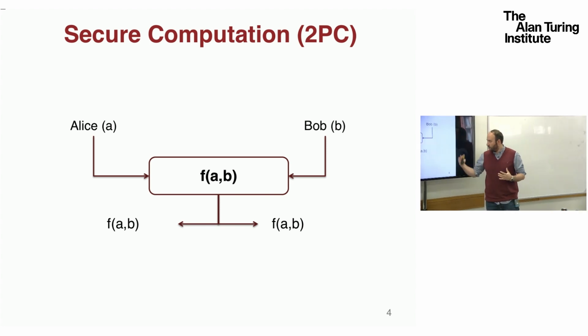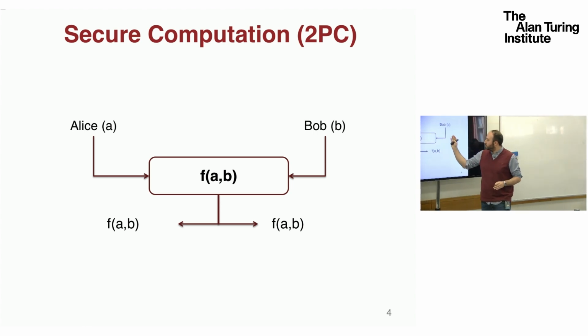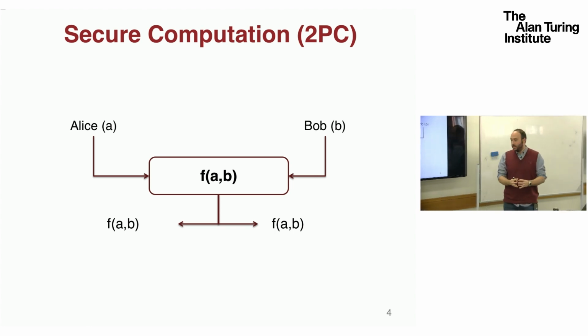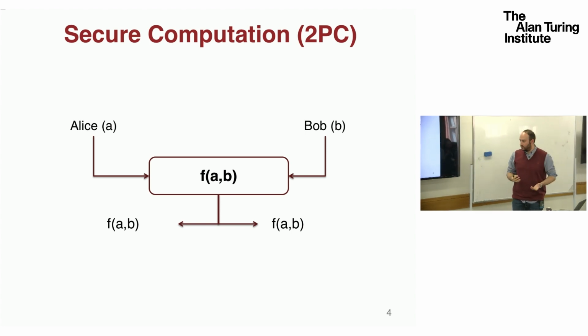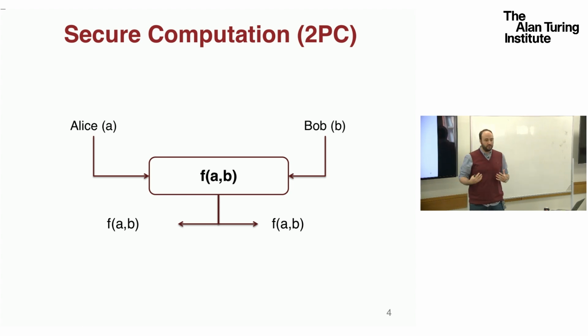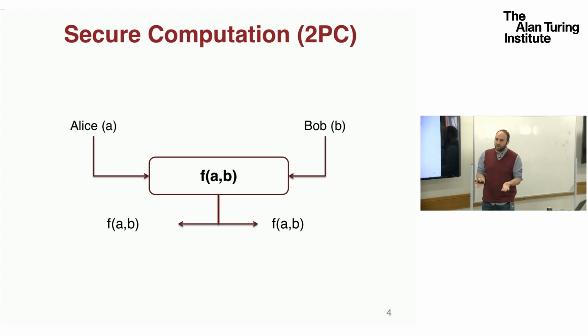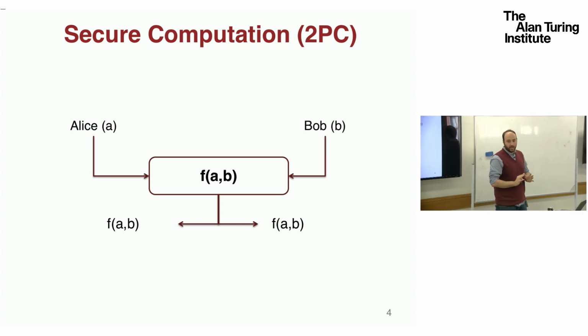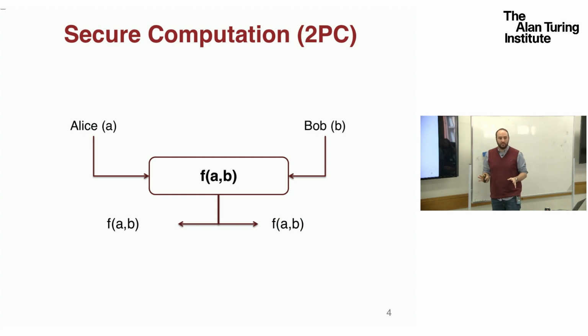So now, what do those arrows mean, right? Okay, here I'm using arrows going into this box as the input to a protocol, and the arrows coming out as the output of the protocol. The easiest way to see this is, imagine you have a trusted third party, right? If we had that party, Alice and Bob could give their inputs to the party, the party would evaluate this function and just tell the output of the function to Alice and Bob, but nothing else, right?